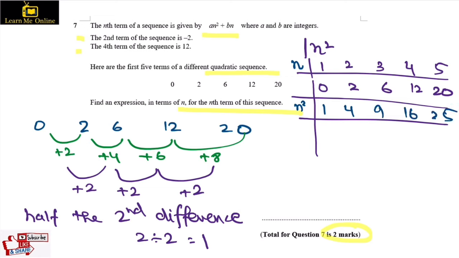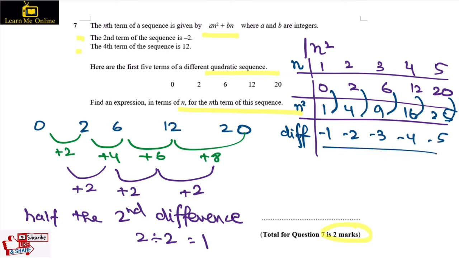Then we do the difference between them. So 0 minus 1 is -1. Then the differences are -2, -3, -4, and -5. What we get is a natural number sequence, but the negative one: -1, -2, -3, -4, -5.